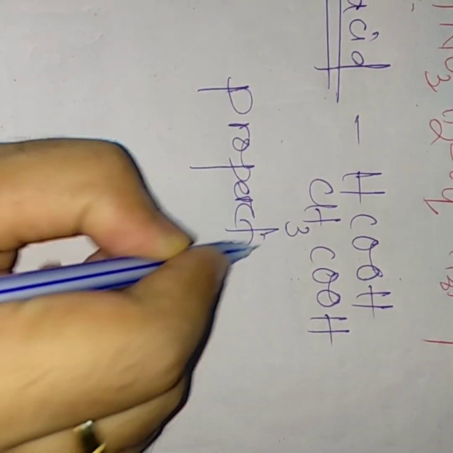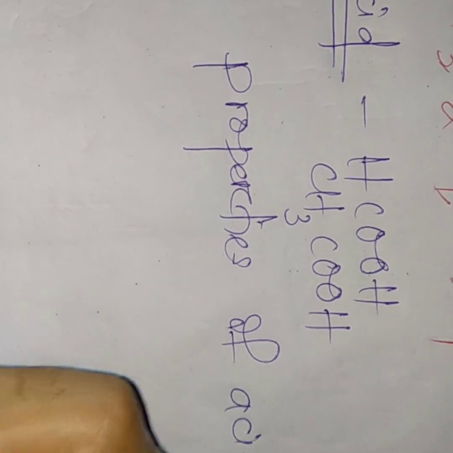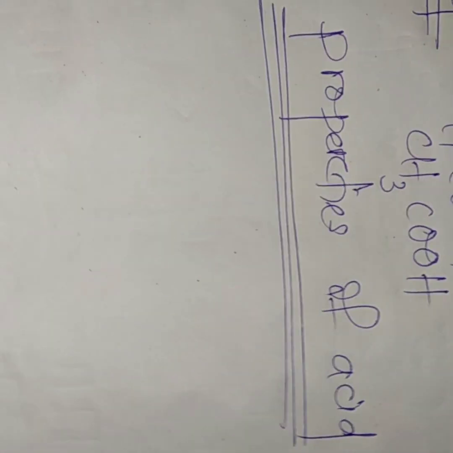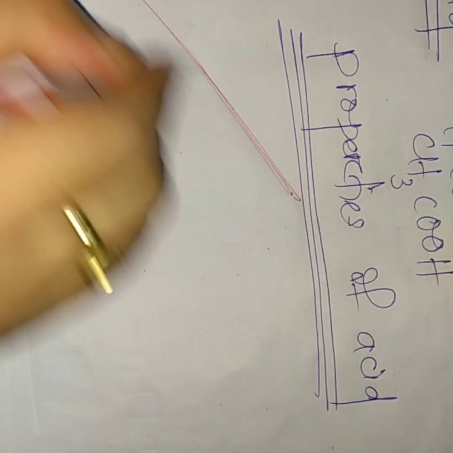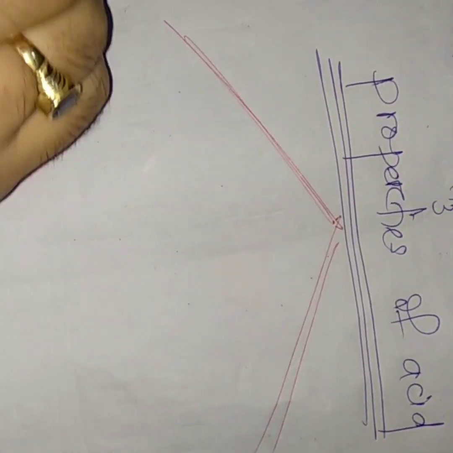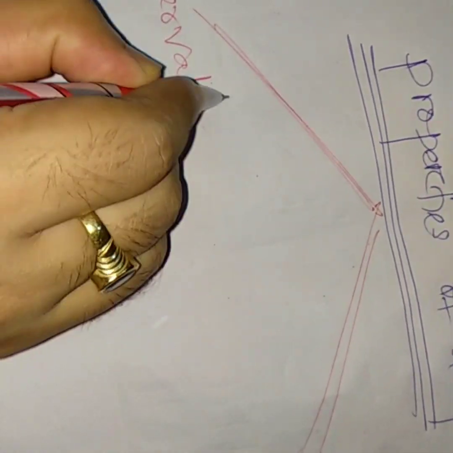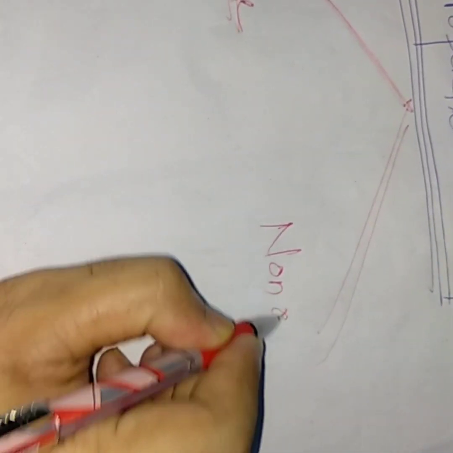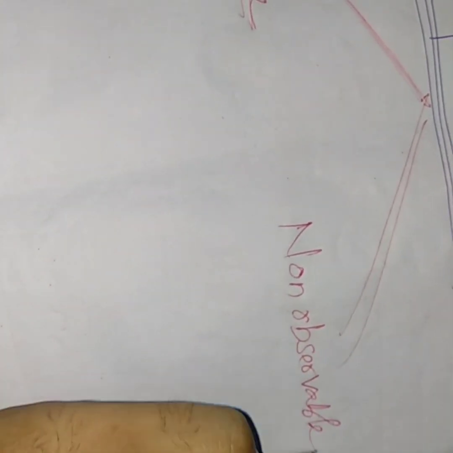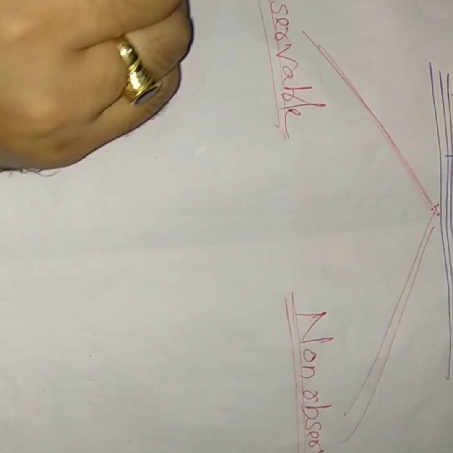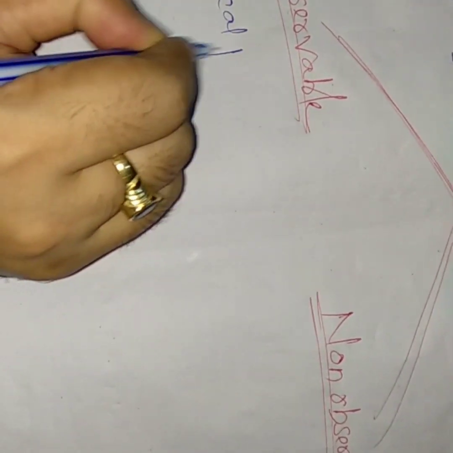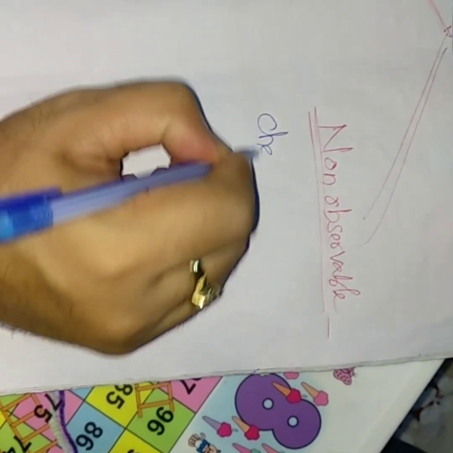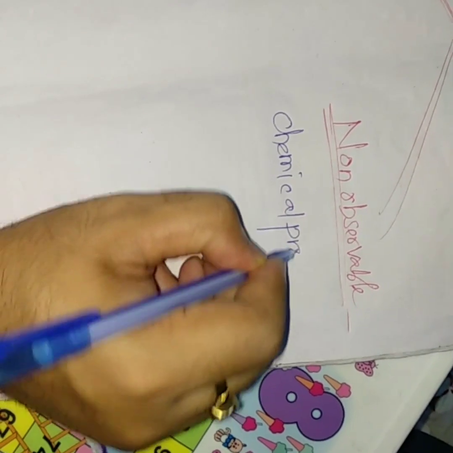Done. So then let us talk about properties of acids. Generally acids have two types of properties. One is your observable and the other one is your non-observable. The observable properties are called the physical properties, and the non-observable properties are called chemical properties.